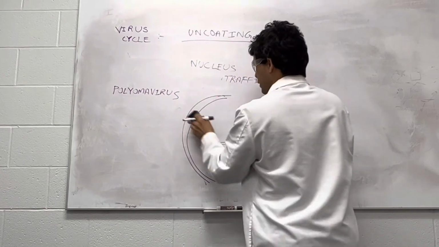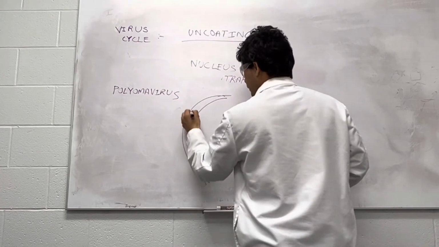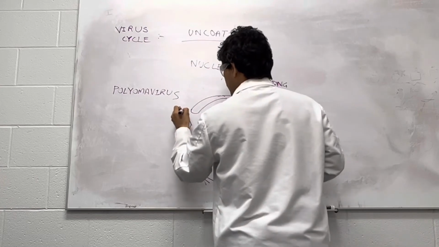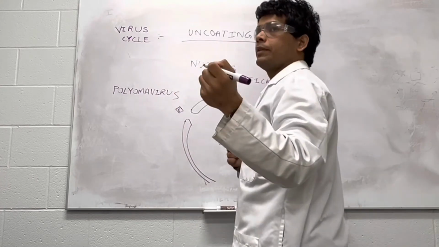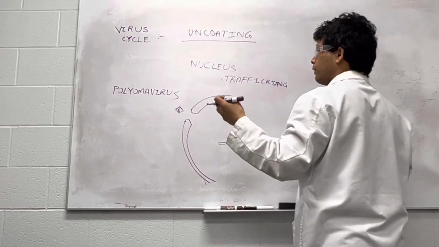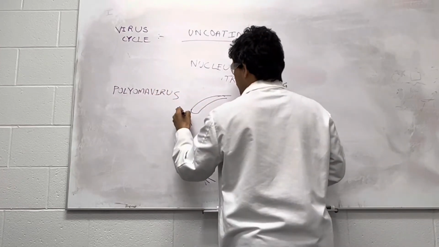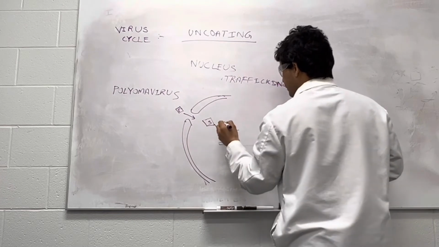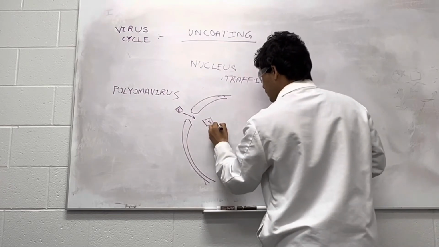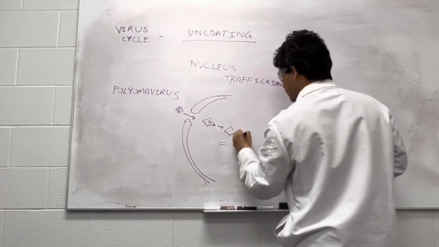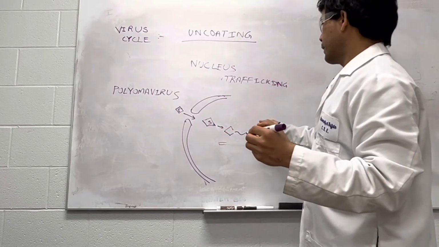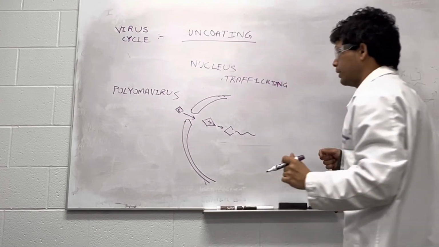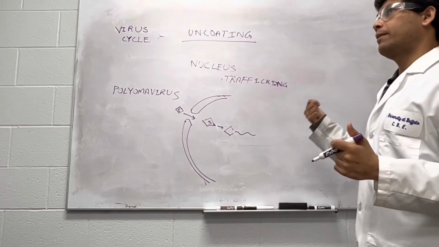There are pores in the nucleus membrane, and if the genetic material is very small, it can directly pass through the nucleus membrane and be transcribed and translated with the help of cell machinery.